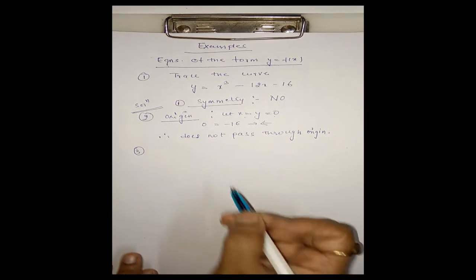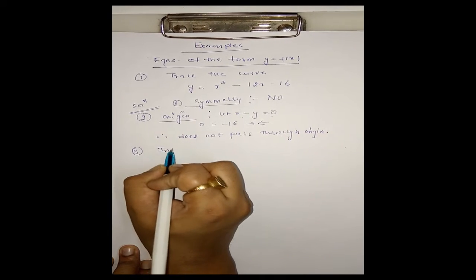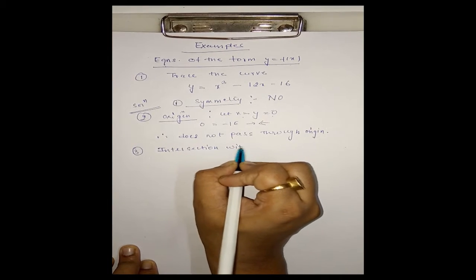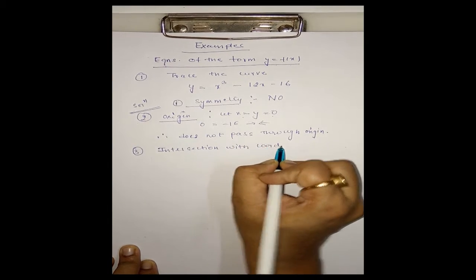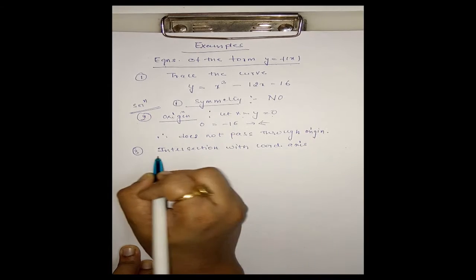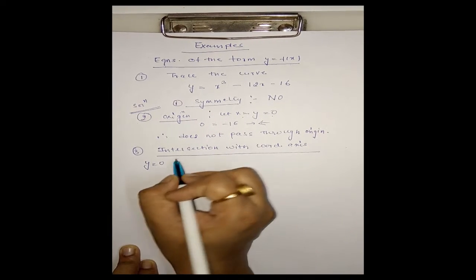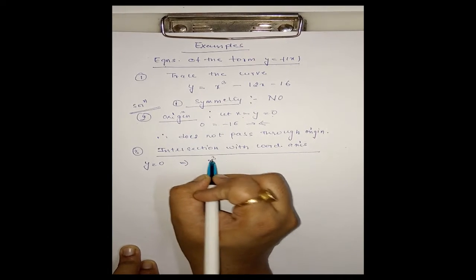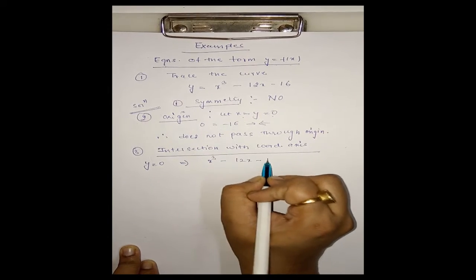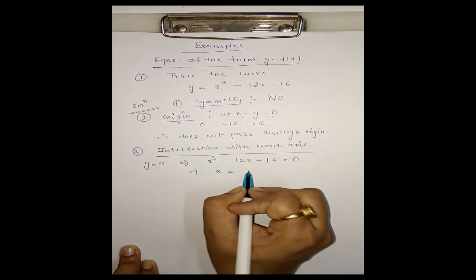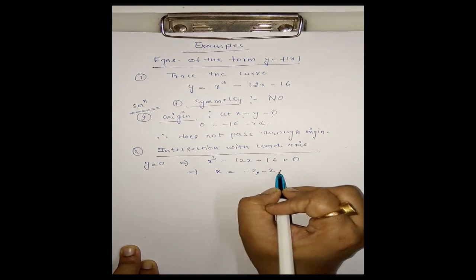Third is intersection with coordinate axis, that means the x-axis and y-axis. Now, on taking y to be 0, this gives x cube minus 12x minus 16 is equal to 0. On solving this, I get x is equal to minus 2 and 4.